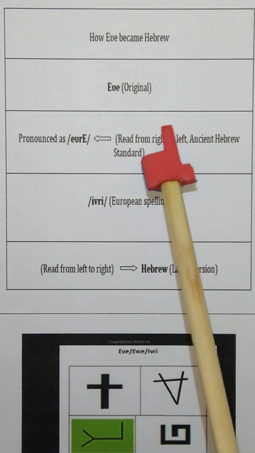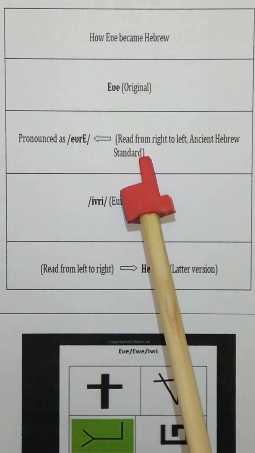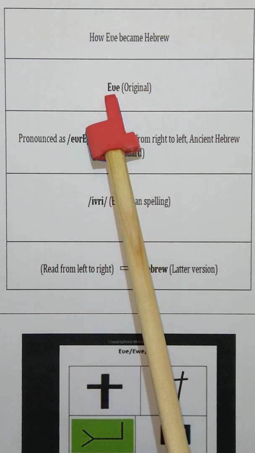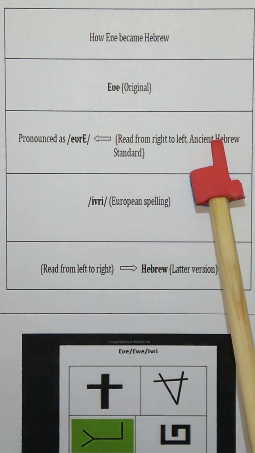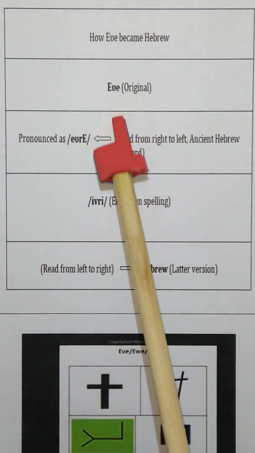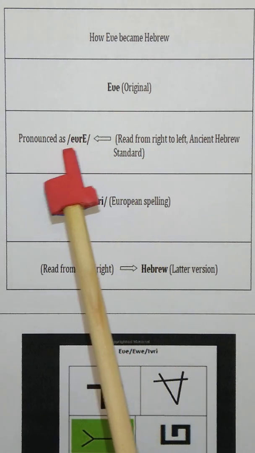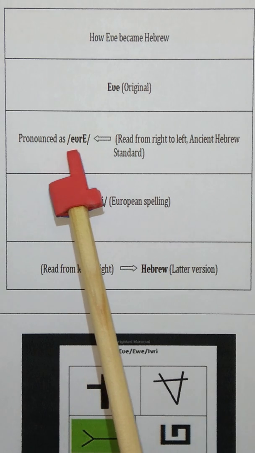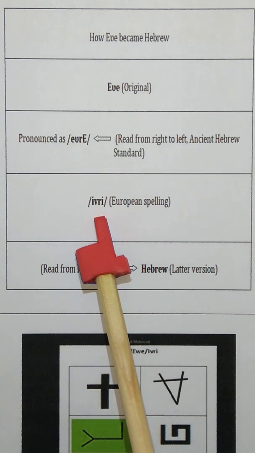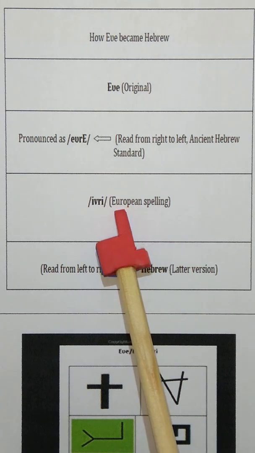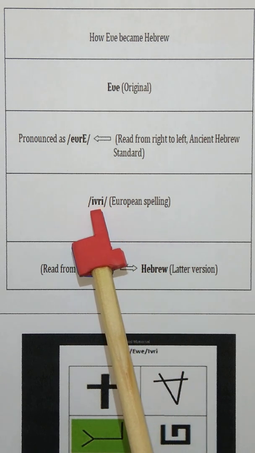So please keep in mind that Eve, the ancient Hebrew, is always read from right to left. So Eve, and it is pronounced Eve. Okay, the Eve, and this is the European spelling of it.